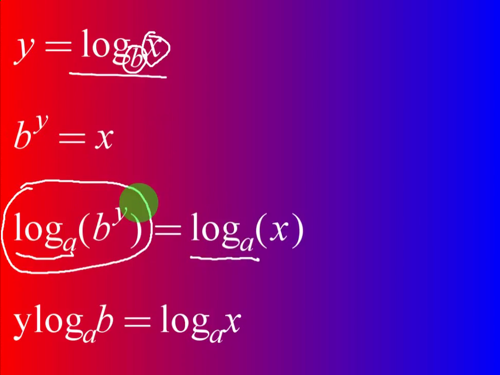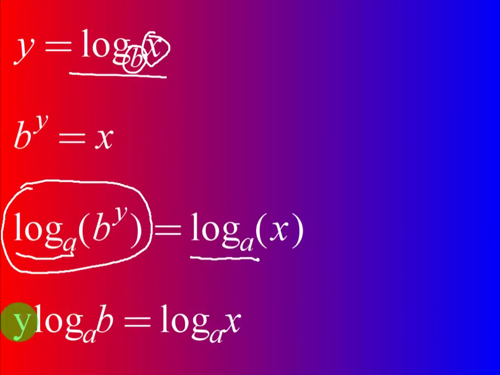That's what's called change of base. We can do that because we're doing the same thing to both sides of the equation. There's a rule we've talked about before: when you have an exponent inside a logarithm, you can take the exponent and move it out front. So you get y log base a of b equals log base a of x.